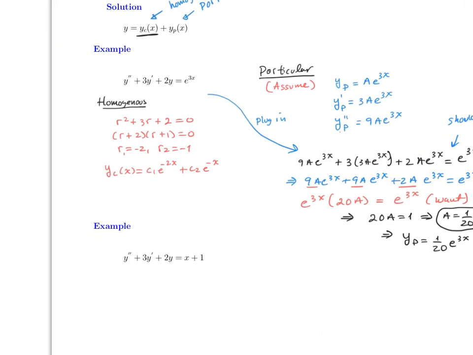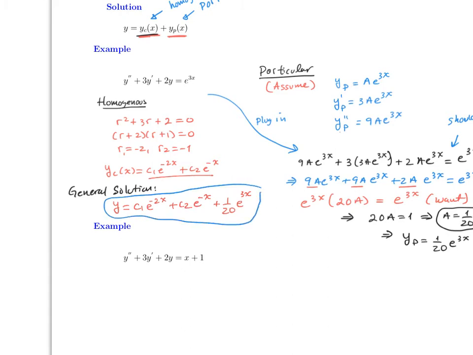Therefore, the general solution, which we're just going to call y, is going to be equal to this part, which is C1 e to the minus 2x plus C2 e to the minus x, which is the homogeneous solution, plus the particular, which would be 1 over 20 e to the 3x. And this is the solution.